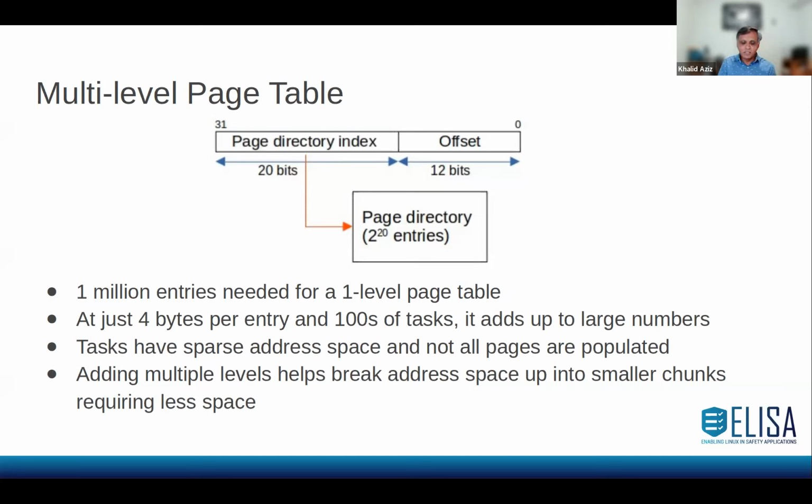That's a lot of wastage. So we don't want to do that, especially as the number of bits in the address starts to go up. When we go to a 64-bit processor, and if we were to follow this scheme, the size of the page directory is huge. So we have a solution for that, and that's multiple-level page tables.